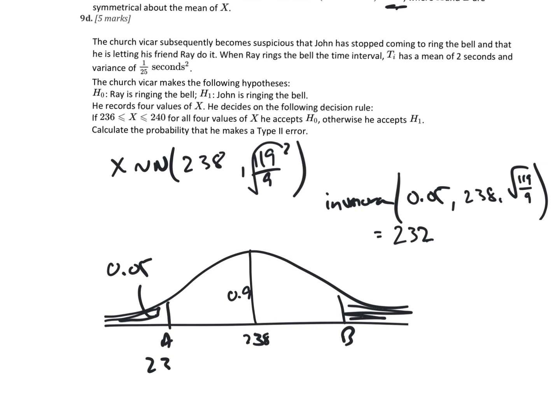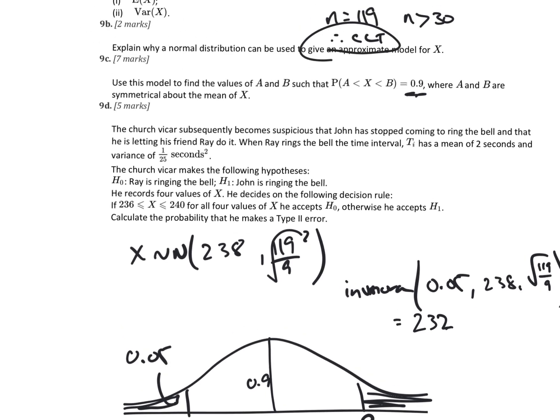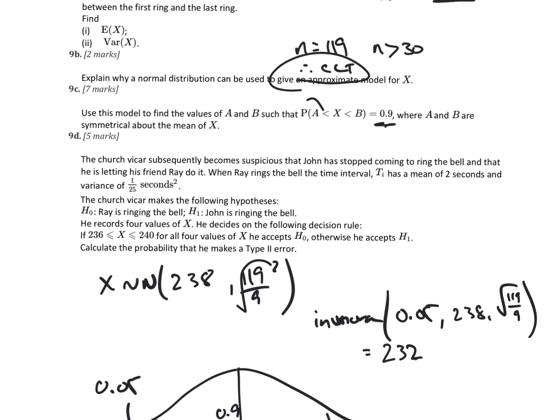So a is 232. By symmetry, that's 6 values below the mean, so it's got to be 6 values above. So b will be 244. And so I know that my values of a and b are 232 and 244.